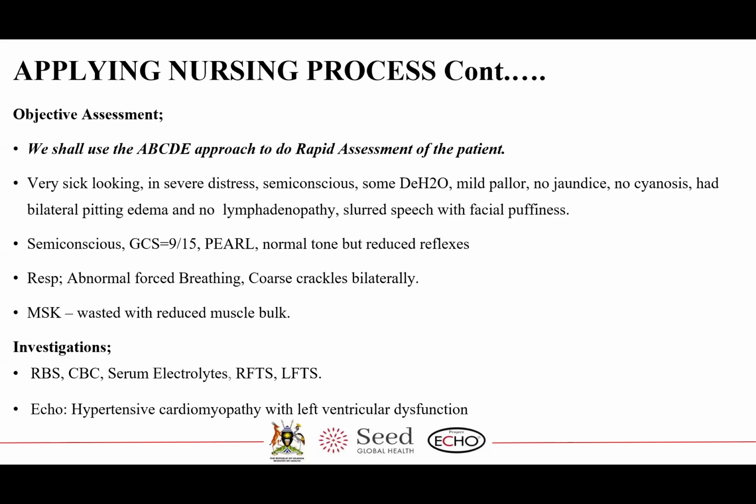So when we do our rapid assessment, we can link to the signs that were clear in the case that was read to us. But in this objective assessment, we also need to look at the investigations done, because they are very key when it comes to managing our patient. For example, the RBS, the CBC, and the electrolytes themselves, and we need to evaluate the evidence.